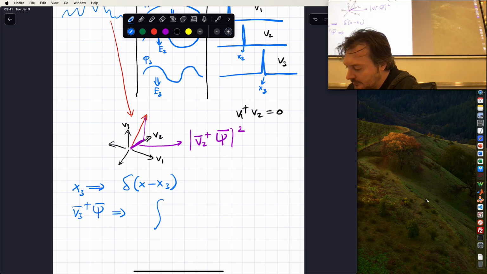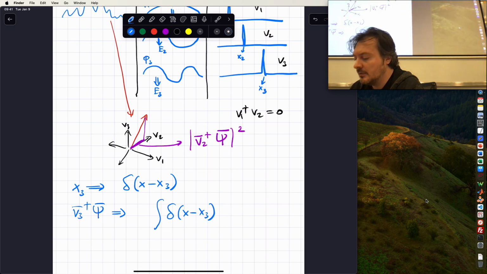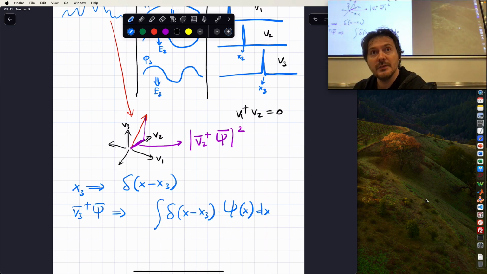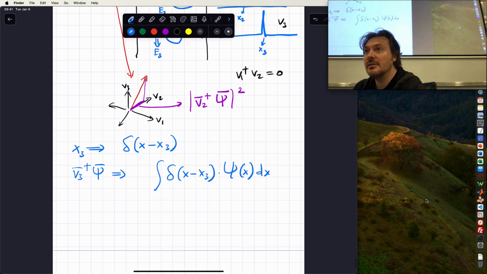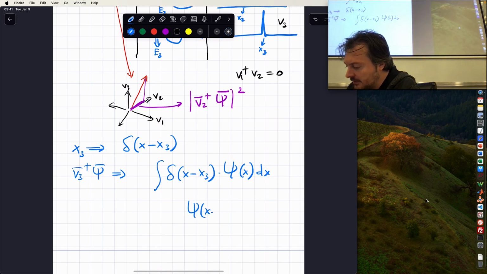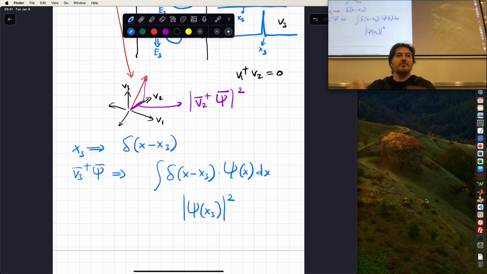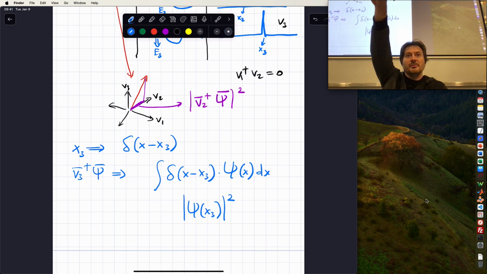You integrate V3 dagger, which is this one, times psi of x dx, right? Did you follow this? What do you get from this integral? Exactly, psi of x3. So when you take the magnitude squared of that, you get the probability of being at x3. Did you see that? Yes? Everyone? Hocam, how about you? Yes?